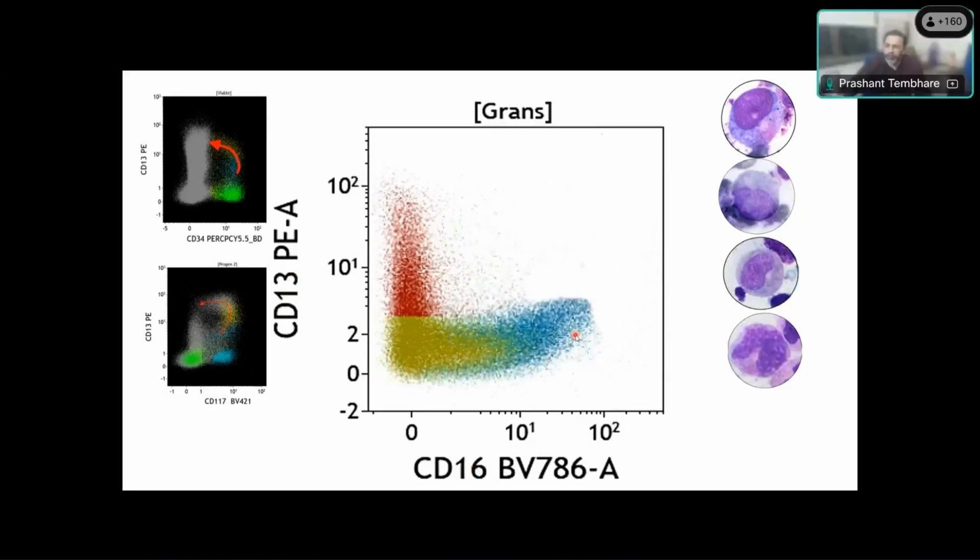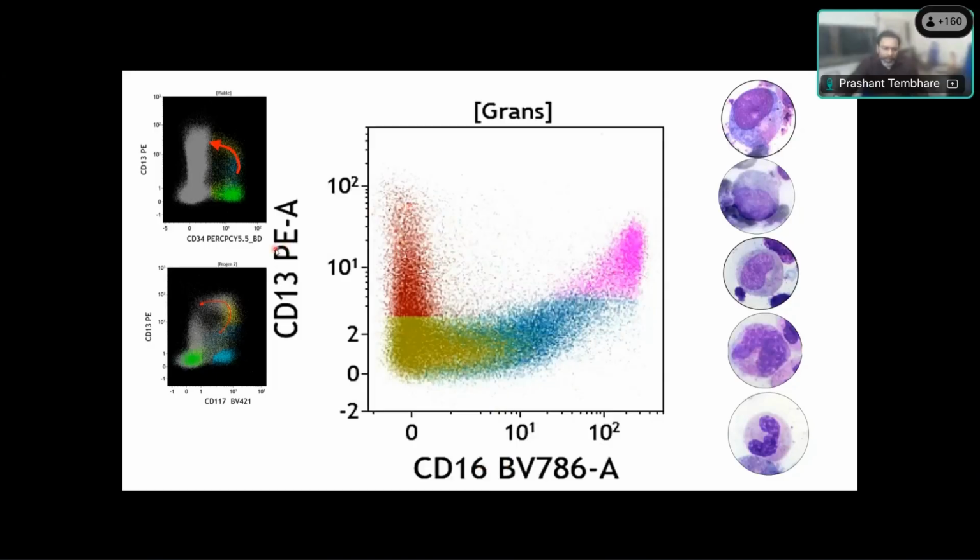The next stage is the metamyelocyte. At this stage the cells are negative for CD13, but show positive expression of CD16 at lower intensity. The terminal stage is the neutrophil, where CD13 expression comes back and CD16 expression becomes strong.